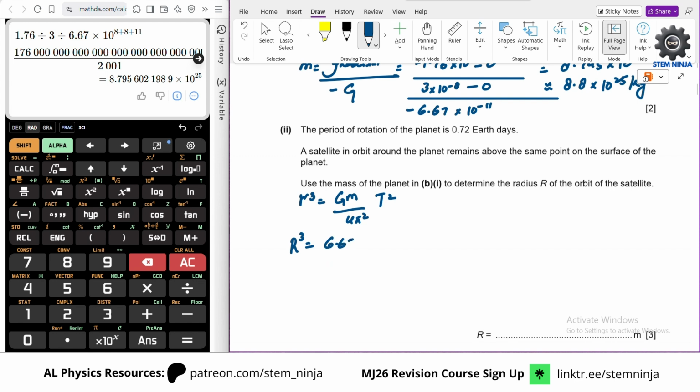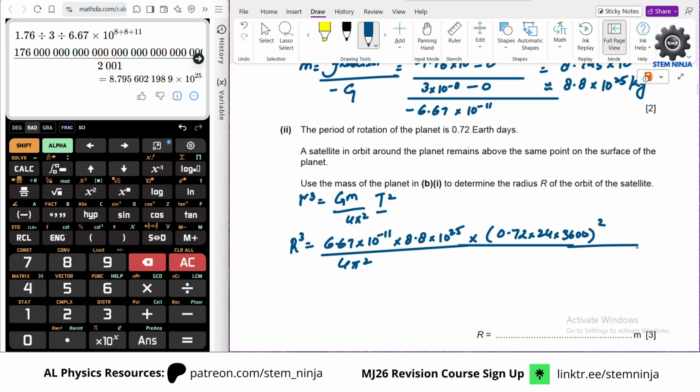G is 6.67 times 10 raised to power minus 11, times 8.8 times 10 raised to power 25, over 4 pi squared, times the time, which needs to be in seconds, so 0.72 times 24 hours times 3600 seconds in an hour, squared.